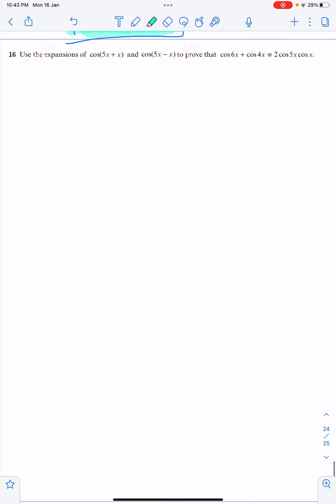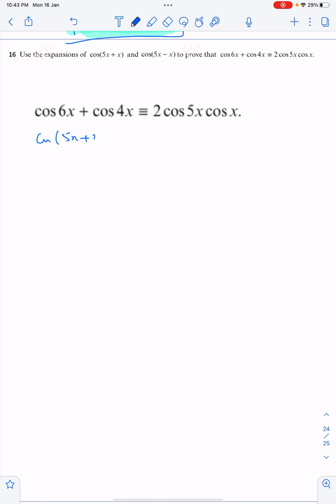The last question: use the expansion of cos of (5x plus x) and cos of (5x minus x) to prove that cos of 6x plus cos of 4x is equal to this. So I am just copying this first. Cos of 6x is cos of 5x plus x, and cos of 4x is cos of 5x minus x.